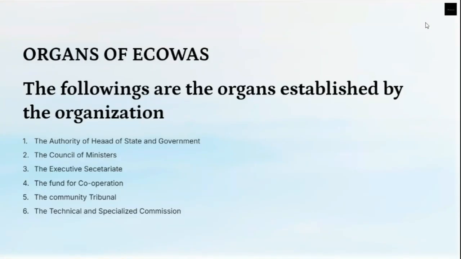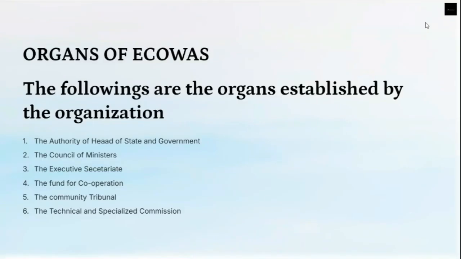These members meet twice in a year, and they vote based on simple majority. In the authority of head of state, I'm repeating it, they are the highest authority, and it's headed by the chairman, and they meet once in a year, and their election is based on rotation.